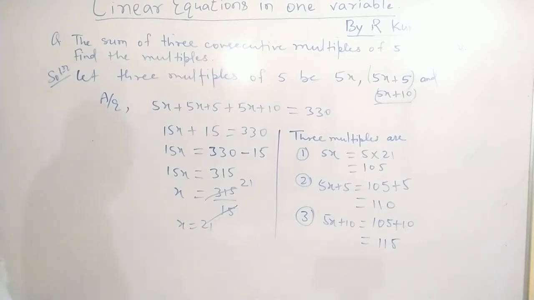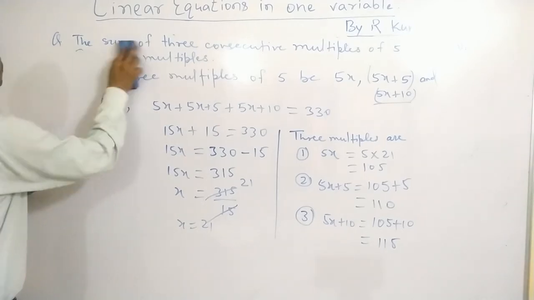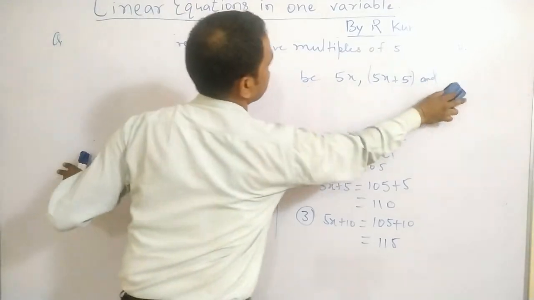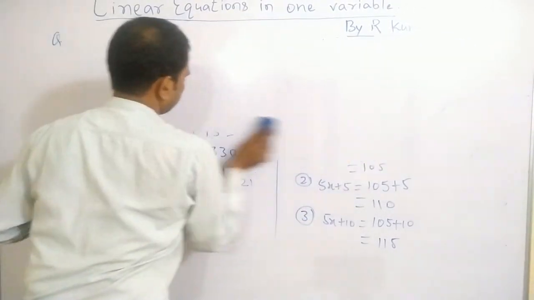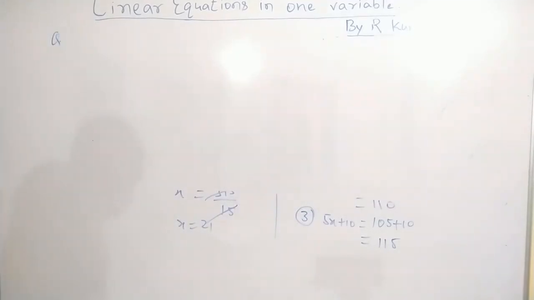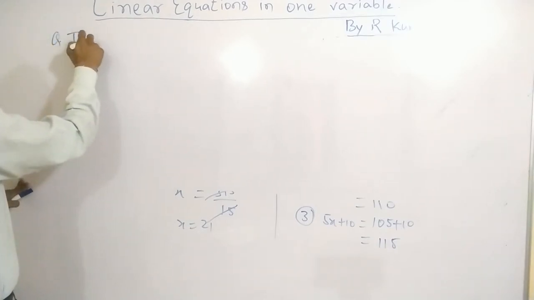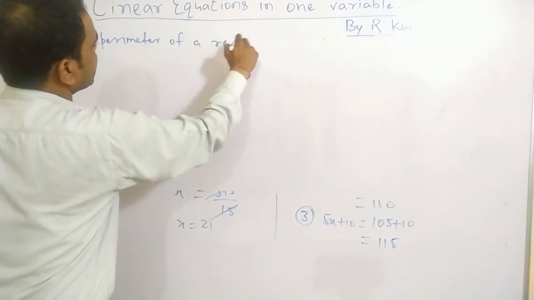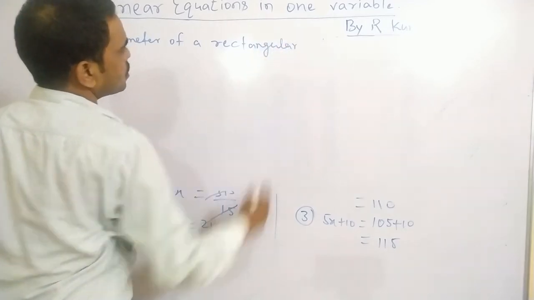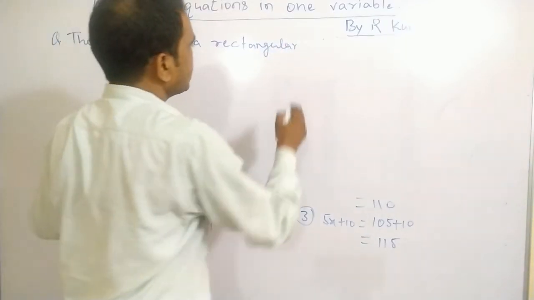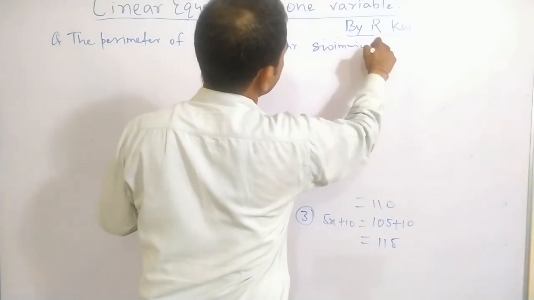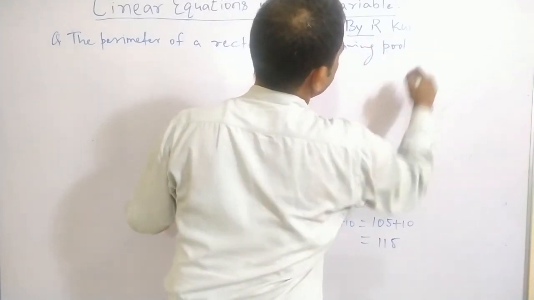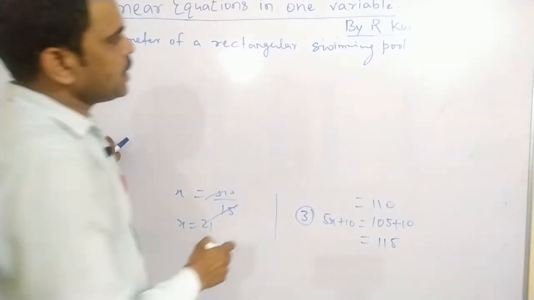The perimeter of a rectangular swimming pool is 188 meters.